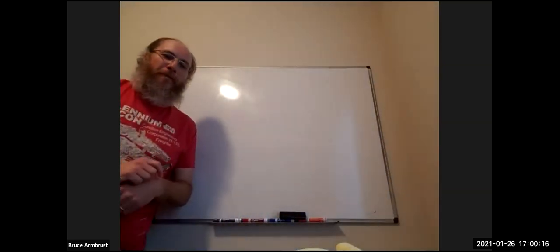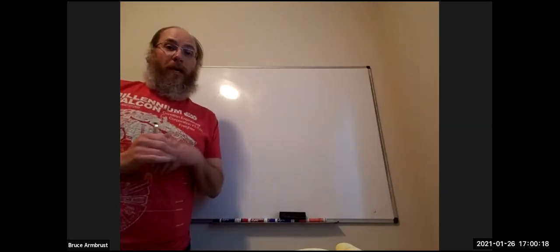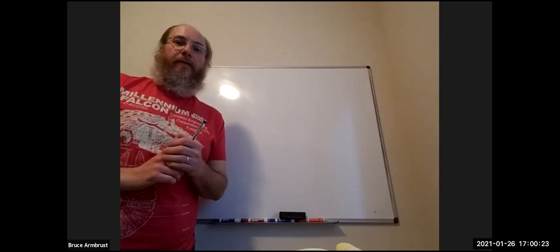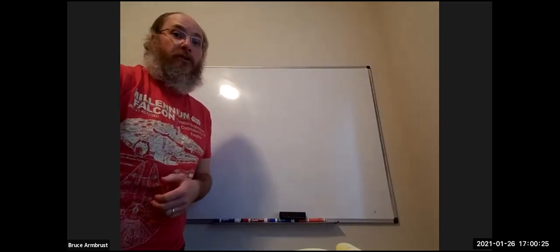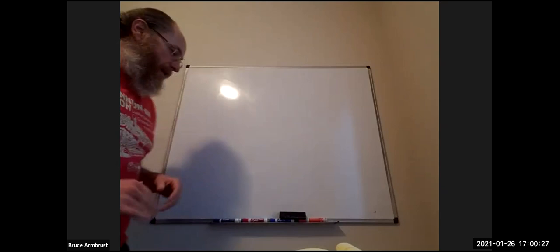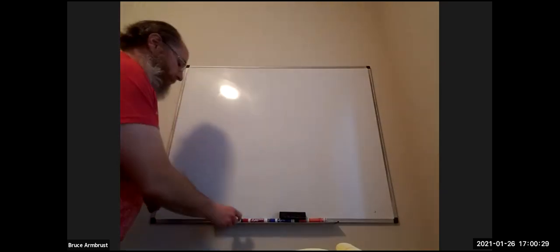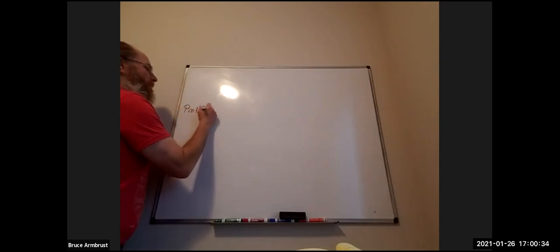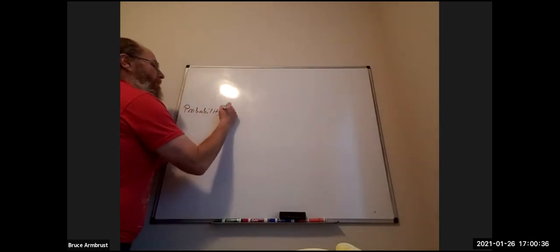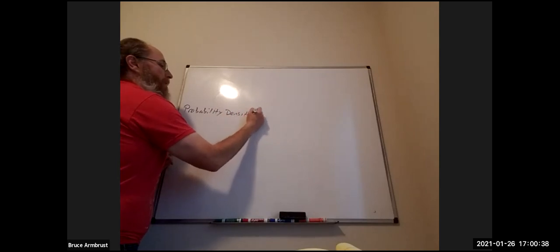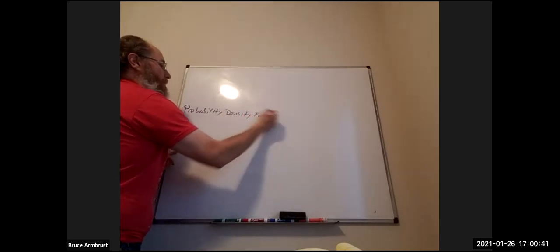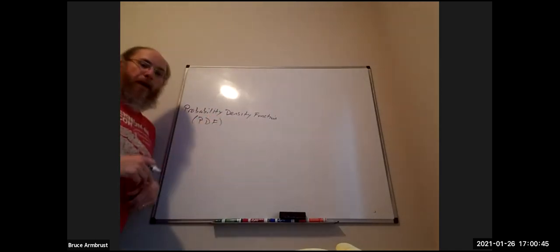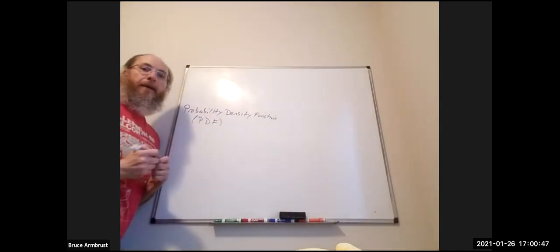All right, so let's talk a little bit more about where we left off last time, which was looking at probability density functions. So let me remind you about those, and then we're going to look at some specific types. All right, so a probability density function, which from here on out, I'm going to call a PDF, is exactly what it sounds like.